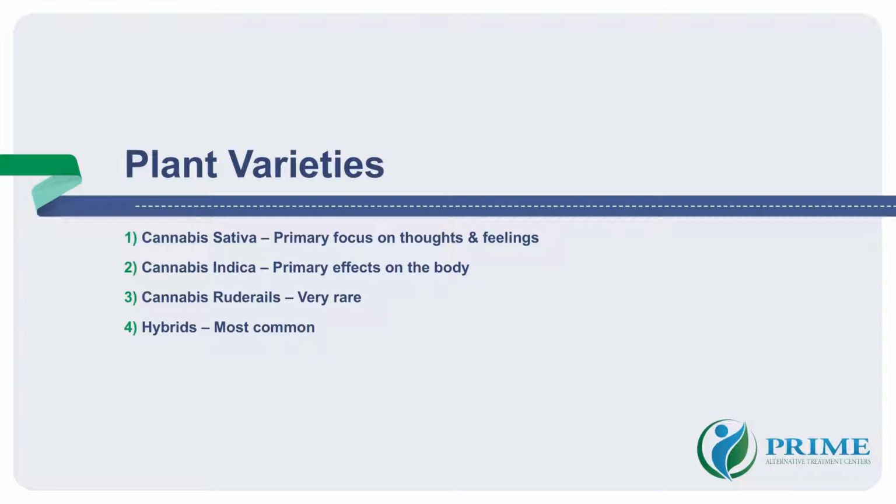Cannabis used for fiber is typically referred to as hemp and has only small amounts of the psychoactive cannabinoid THC, usually less than 1%. Genetic breeders of the cannabis seed have developed thousands of different strains of cannabis from these 3 original varieties.